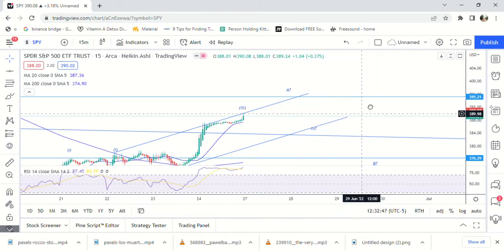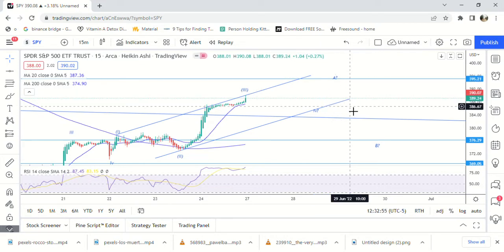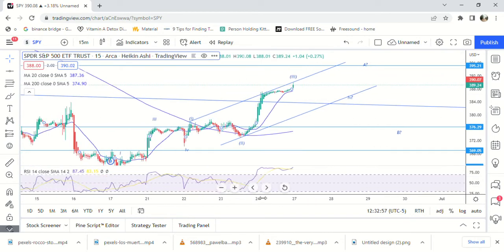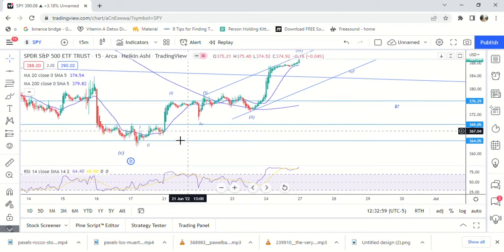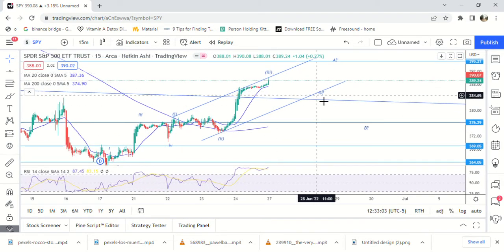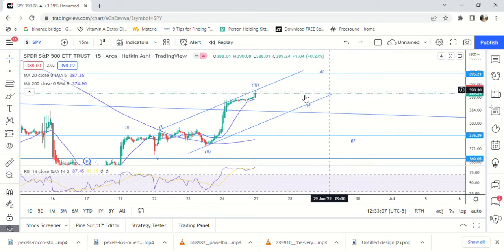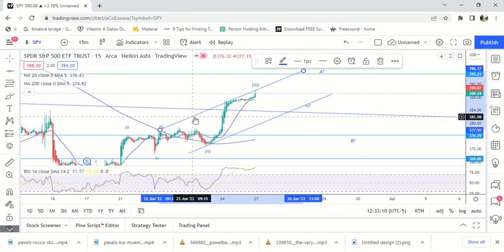So if that is the case, we'd probably be looking for this to happen maybe at the end on Tuesday for the A wave. So we'd have overall 1, 2, 3, 4, 1, 2, 3, 4, 5 for the A wave. And that would be the official finish of the A wave.